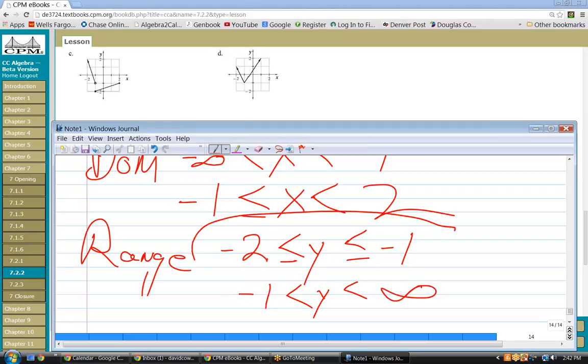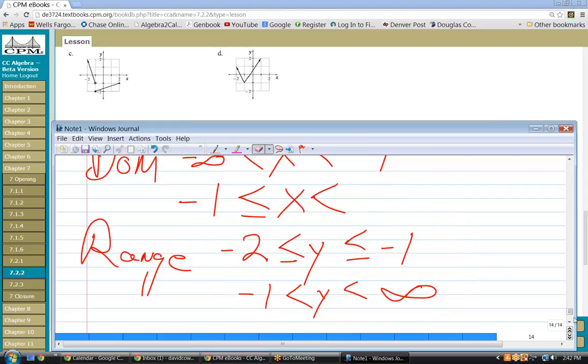And notice my inequality signs. They match the closed dots and the open dots perfectly. And when infinity is in one of them, you always use the less than only. You don't use greater than or equal to infinity, ever. Now, have you had something called interval notation? I think so.